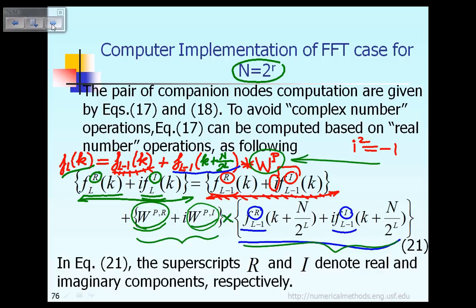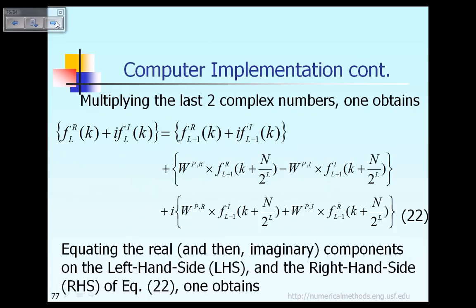The first term comes from here times this, the second term comes from this times that, the third term from this times this, and the last term from this times that. So when you multiply two complex numbers, you will have four terms coming out. And therefore, equation 21 will become equation 22.